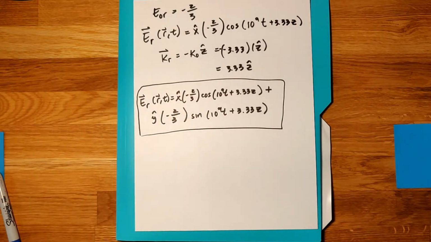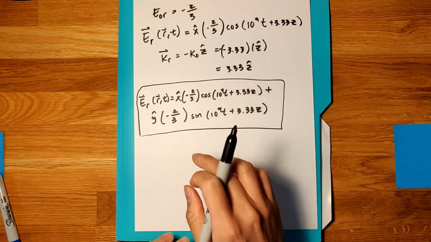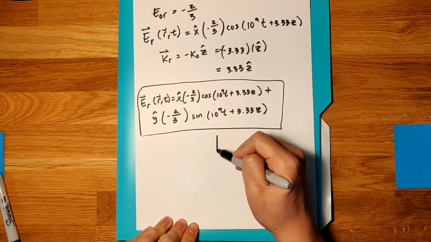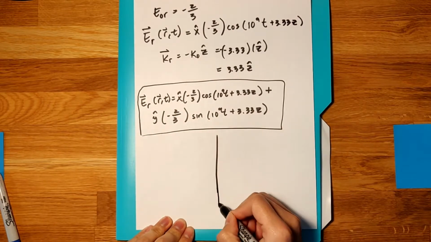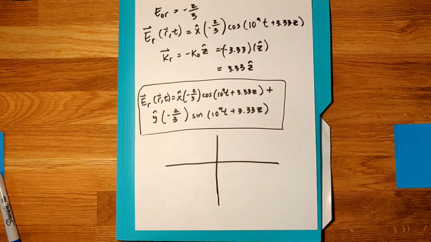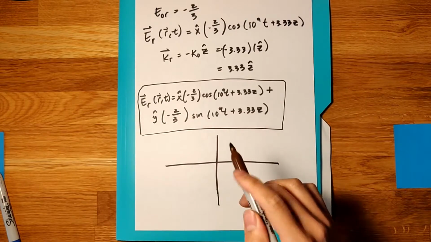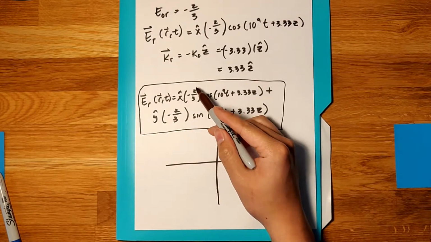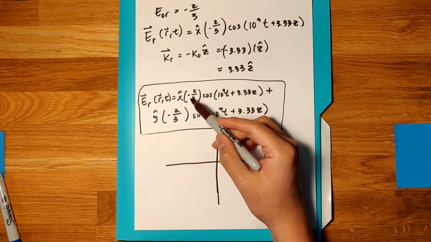So now let's just figure out if ER is RHCP or LHCP, or right hand or left hand circular polarization. And the same method can be used to figure that out. I'm first just going to draw it on the axes. So in this case, E1 is facing in a negative x hat direction.